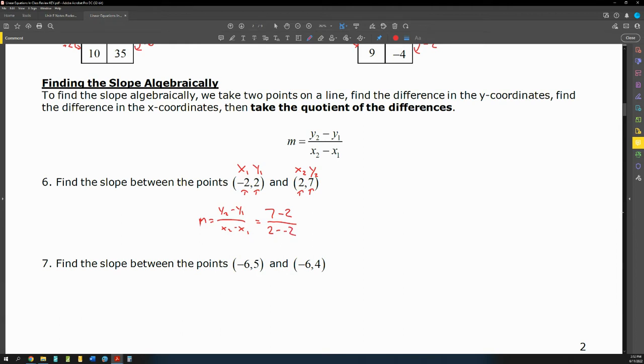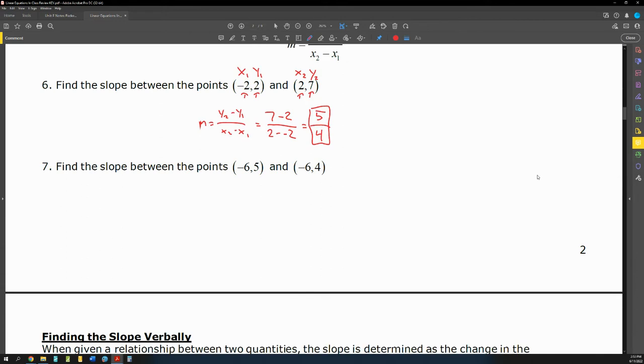We're subtracting a negative. In the numerator, 7 minus 2 is positive 5. In the denominator, 2 minus negative 2 is a positive 4. Remember, subtracting a negative is the same as adding a positive. Always check and see if you can reduce your fraction or simplify your slope. Here we have 5/4. That cannot be reduced, so that's our final answer.